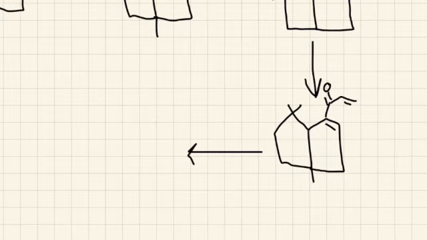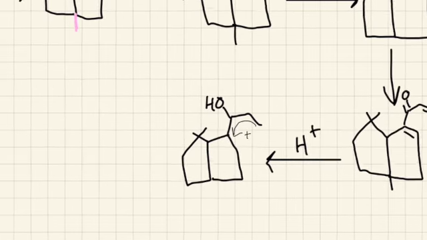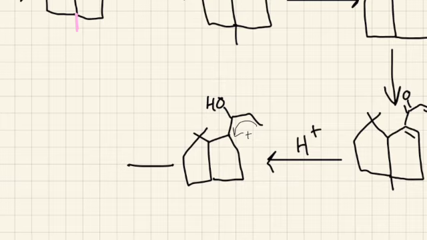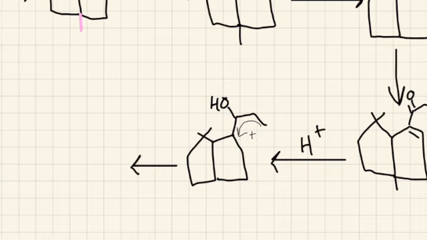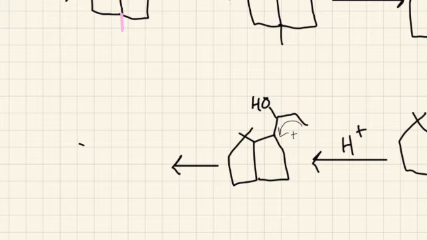So our last step here looked like this, and it was trying to make the other cycle. And it just had this positive charge throughout here.